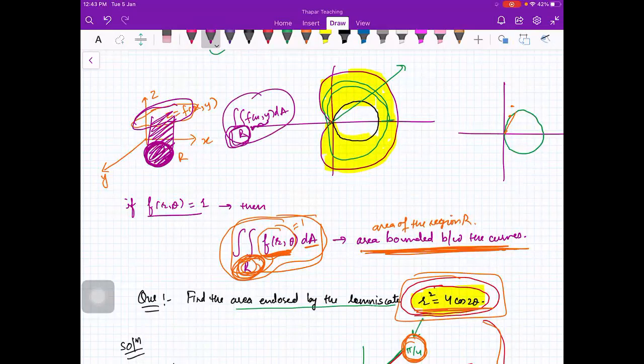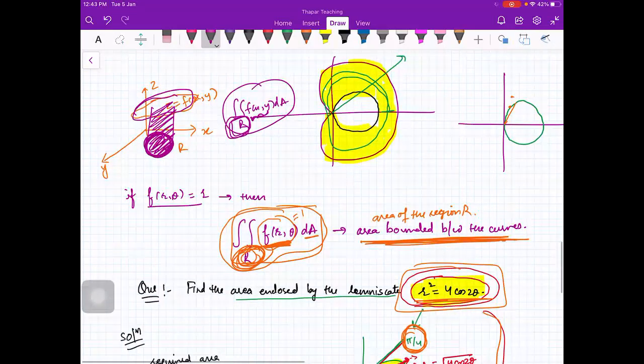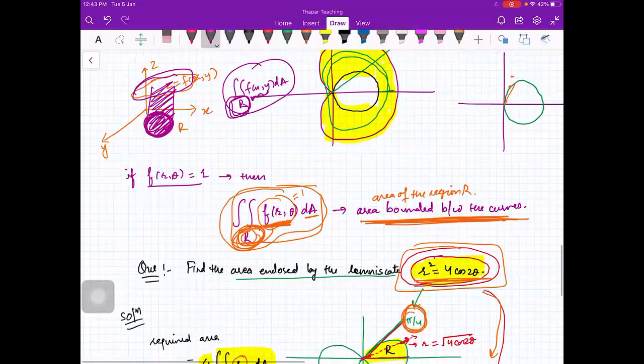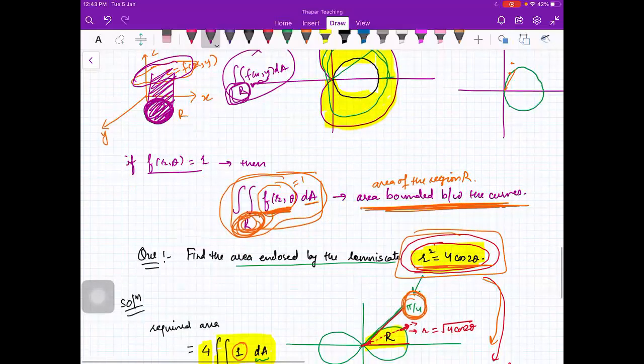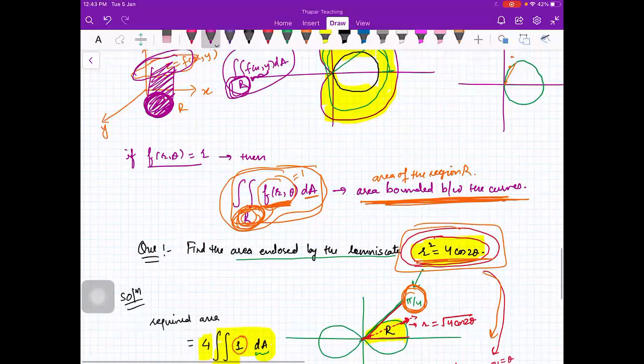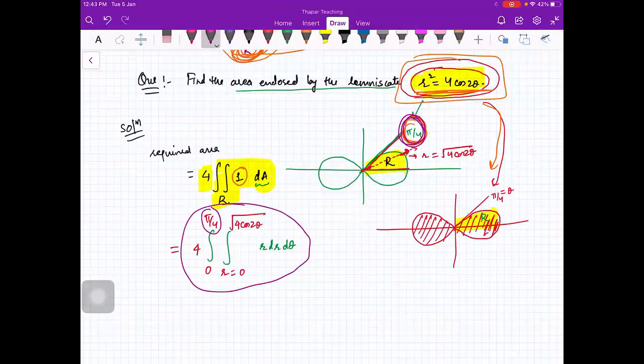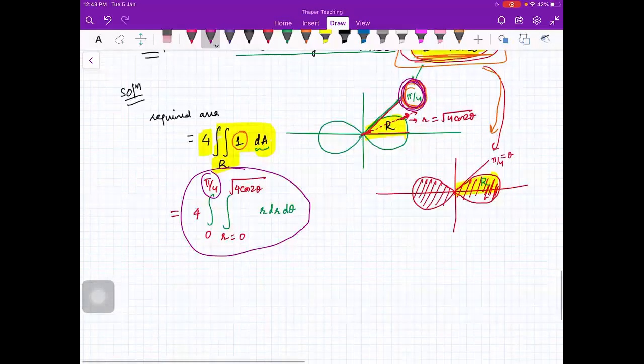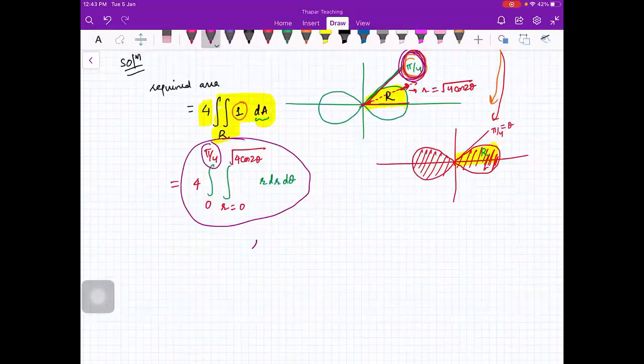Okay, ma'am. So is this thing clear to everybody? So you try plotting it so that you get that this angle is pi by 4. Now, this is what I have to compute. So now you can just integrate it. First I have to integrate with respect to r. So r square by 2 from 0 to square root of 4 cos 2 theta. Then I have to integrate with respect to theta later on.